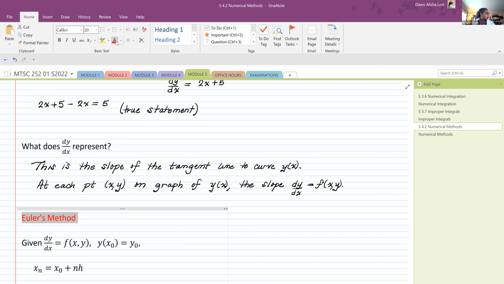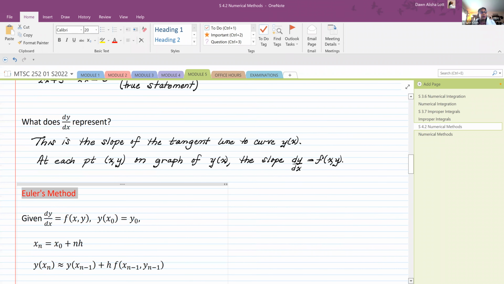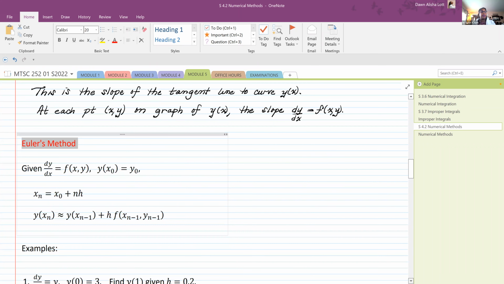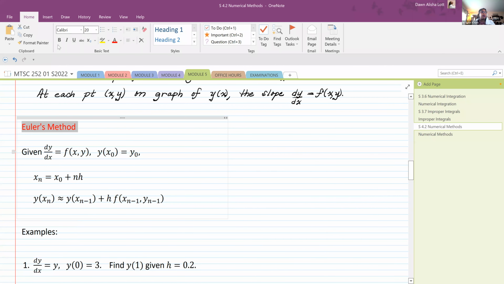So the method we're going to learn is called Euler's method. All right, so here's what we're going to be given. You are going to be given dy dx is equal to a function, and you're going to be given the solution at a particular point, y naught.